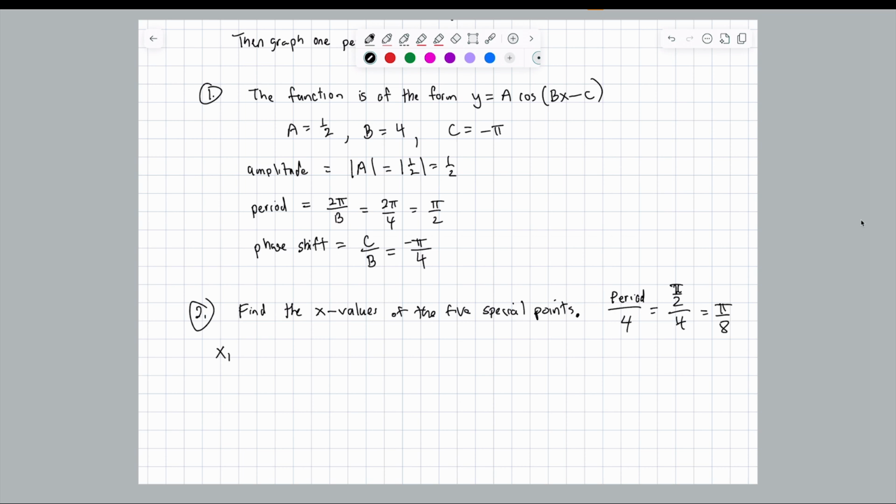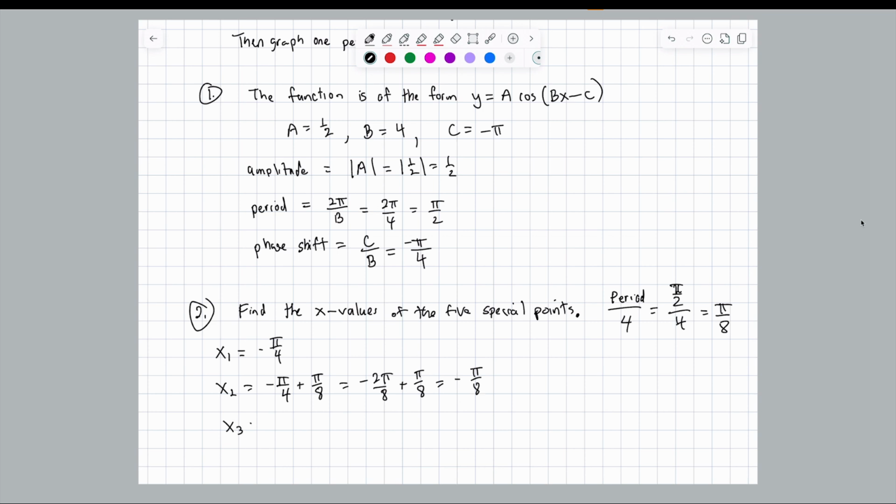So then x1 is equal to negative pi over 4. Since our phase shift is negative pi over 4, we'll start at the phase shift there. Then our second value is negative pi over 4 plus our increment of pi over 8. Let's find a common denominator. So 2 pi over 8 is the same thing as pi over 4, and negative pi over 4 plus pi over 8 gives us negative pi over 8.